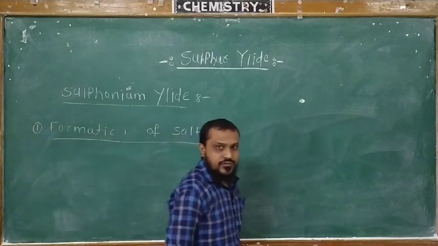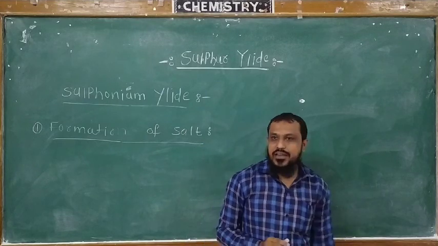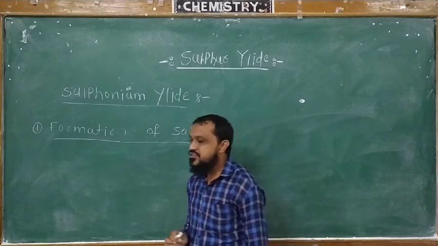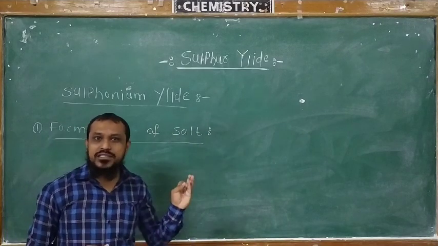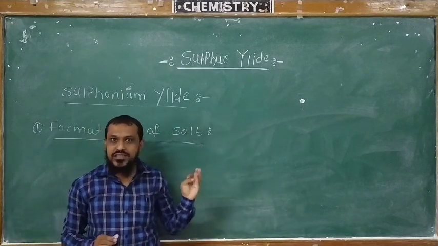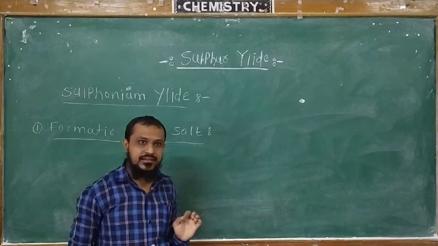In the preparation of sulfonium ylide, firstly salt will be formed by the reaction of dimethyl sulfide with alkyl halide.